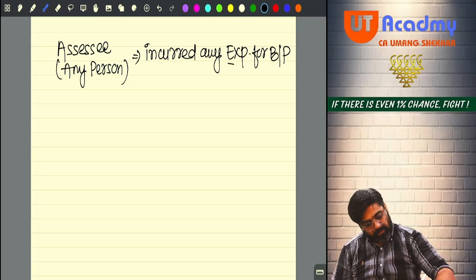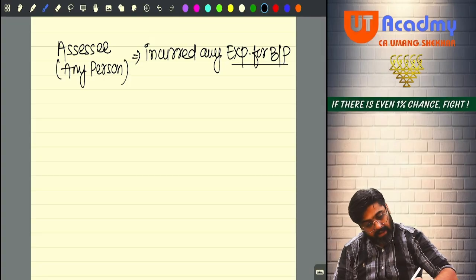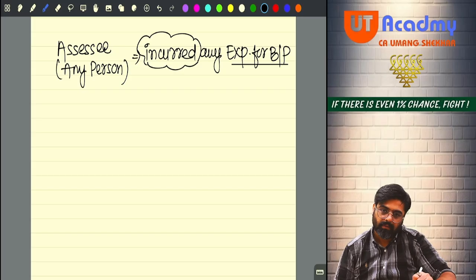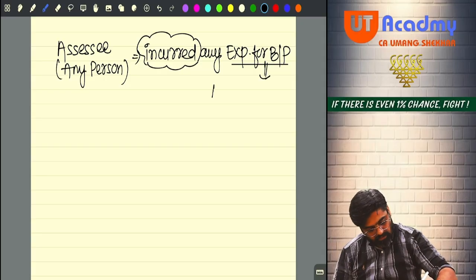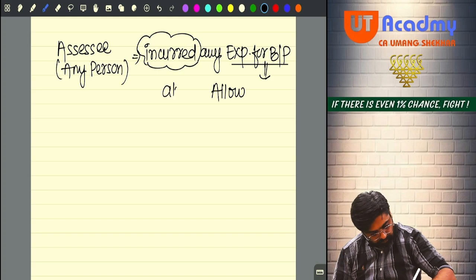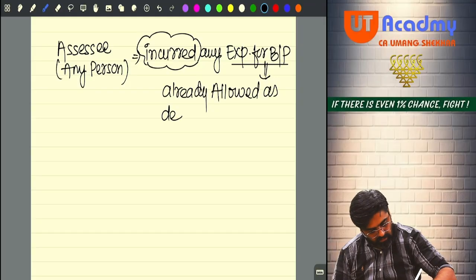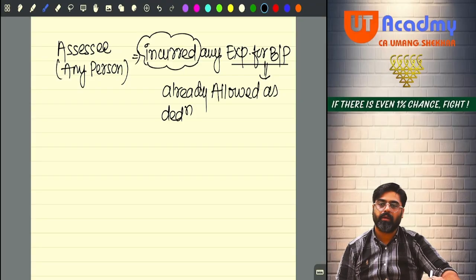And this expenditure for the purpose of business or profession is incurred, guys, incurred, which is already, what did I say? Already allowed as a deduction. Already allowed as what? Deduction.